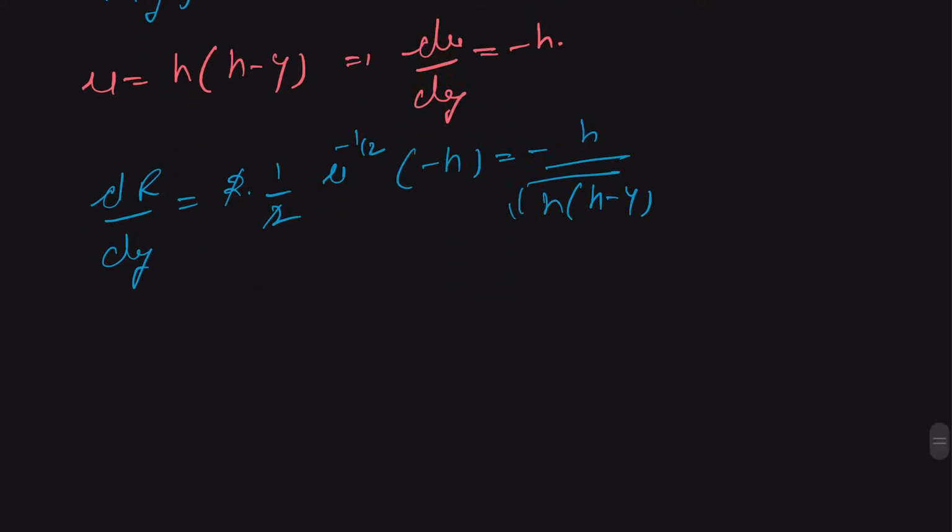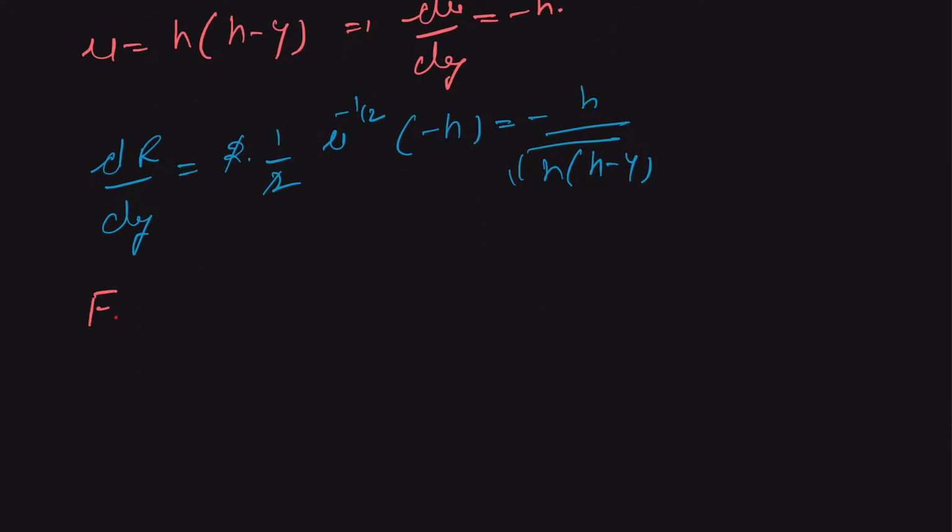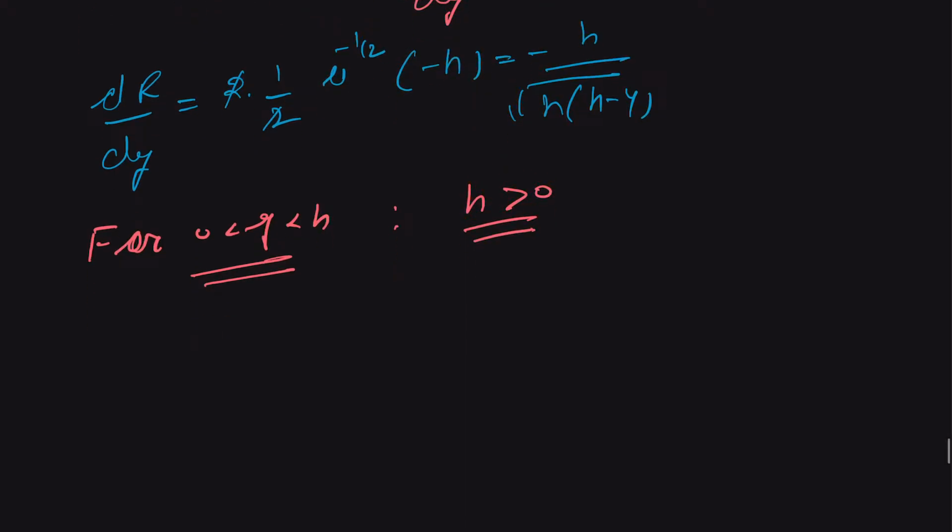And so we are going to make analysis of this derivative, and for that we are going to consider y less than h and greater than 0. Our numerator, obviously it is dropped from the height h, so this height h is always greater than 0. And our denominator, which is the square root of h minus y, is greater than 0.